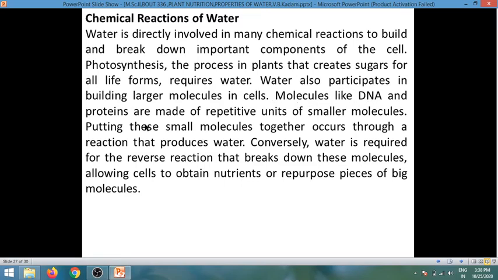Molecules like DNA and proteins are made of repetitive units of smaller molecules. Putting these small molecules together occurs through a reaction that produces water. Conversely, water is required for the reverse reaction that breaks down these molecules, allowing cells to obtain nutrients or repurpose pieces of big molecules.